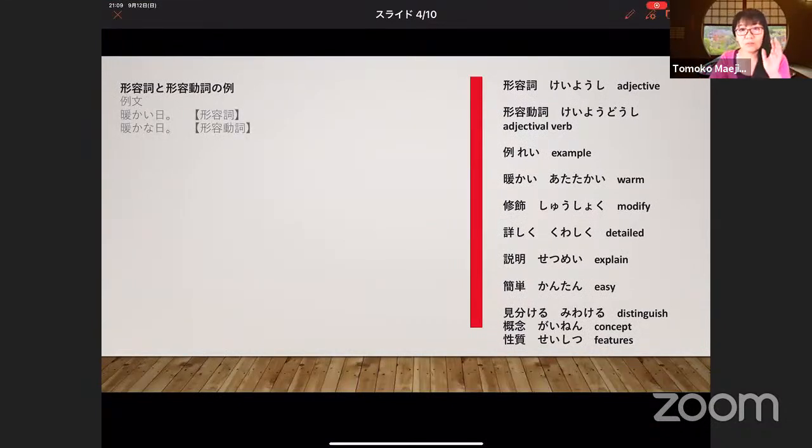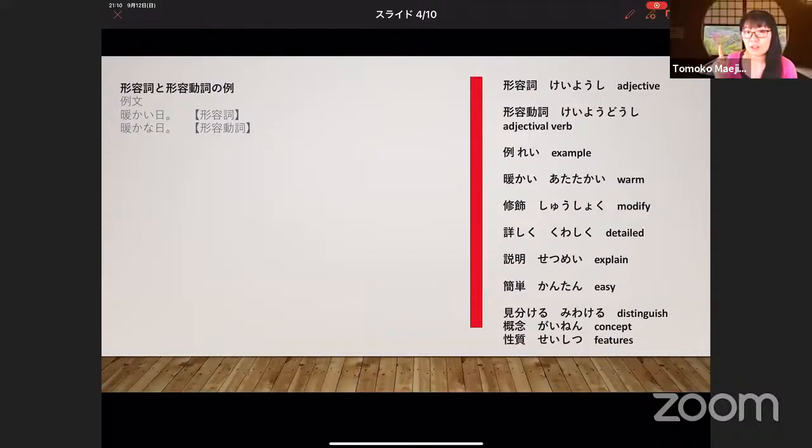Do you really see the difference between the adjective and adjectival verb? The conjugation is different, you told me. Yes, that is what I saw, but the whole difference I am not really sure about.